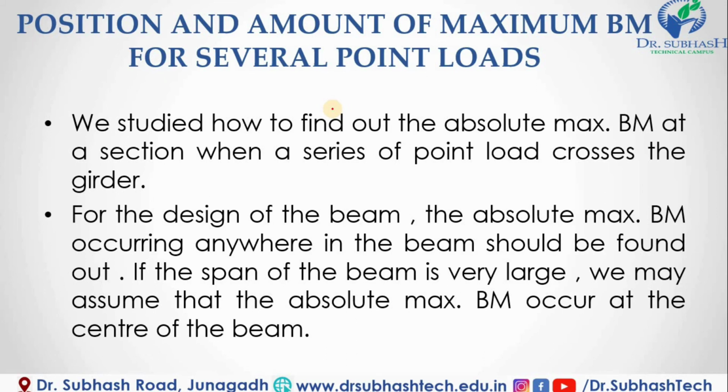For that arrangement we found the maximum bending moment. In the field or in an actual structure it may be the inverse also. So we have to check different trials and sections for that arrangement, and finally find the maximum bending moment in the case of several point loads.